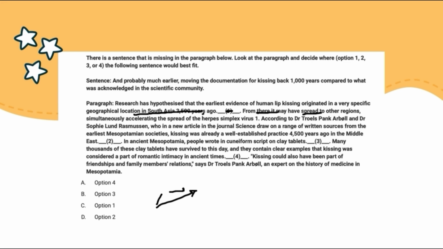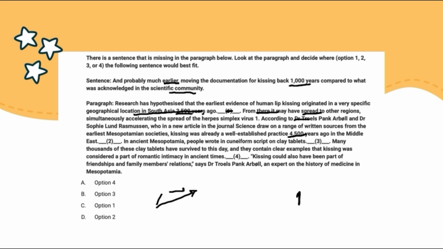See, we are going backwards, right? We talked about 3,500 years ago and then subsequently spreading. However, then we talked about someone who contended this in an article and wrote that kissing originated even further back in time, right? And this says, and probably much earlier, moving the documentation for kissing back 1,000 years compared to what was acknowledged in the scientific community.